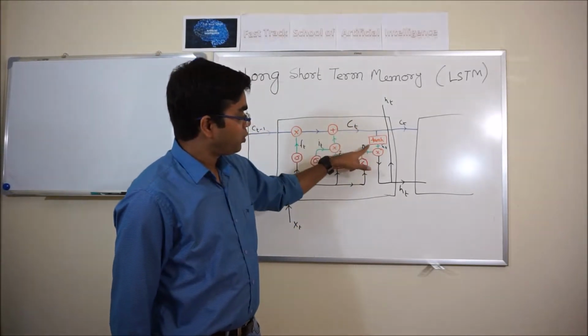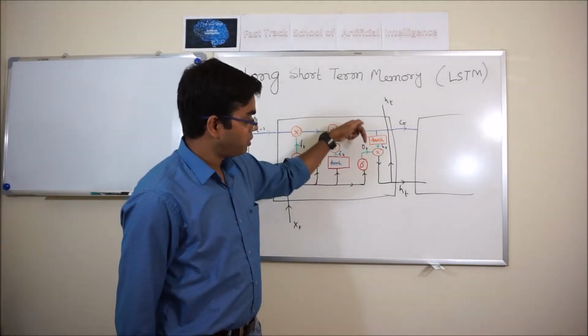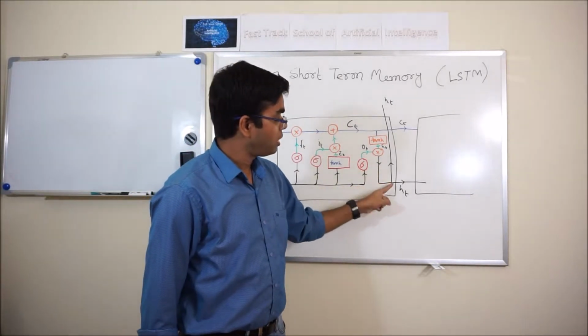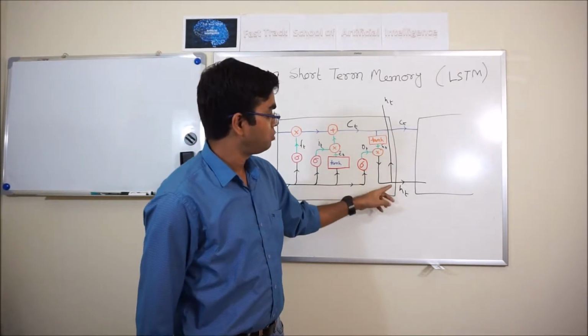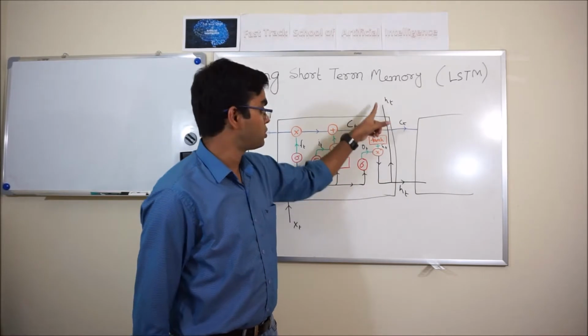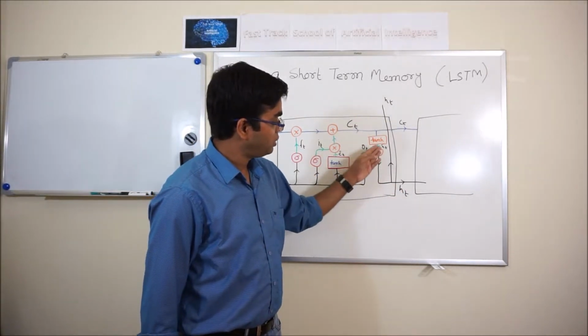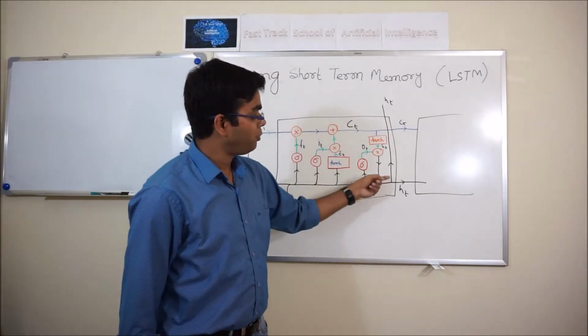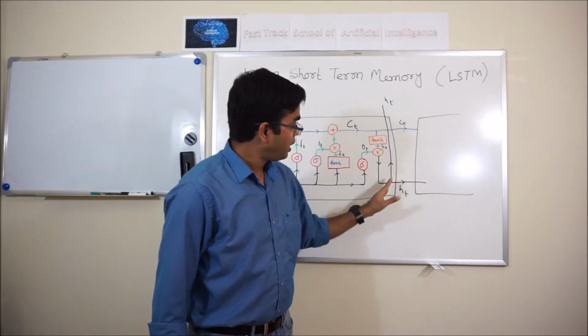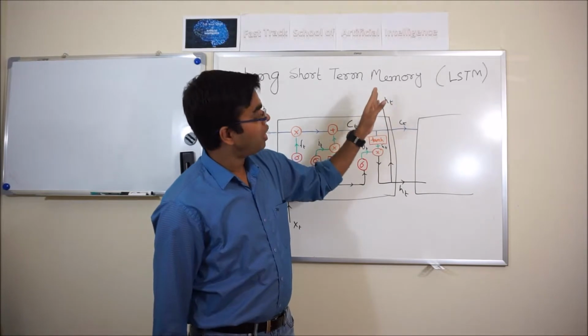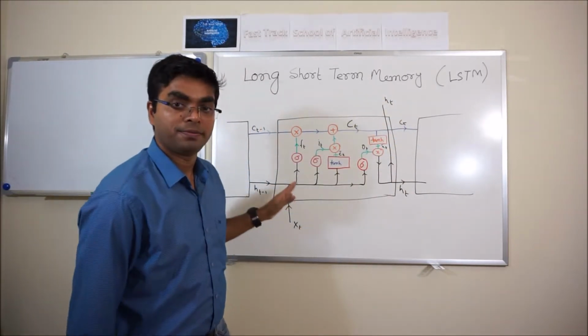Once this pointwise operation is done, the output is produced, one portion of it is just a copy, and whatever comes from these operations will be sent to the next step and will be the output for the current cell state.